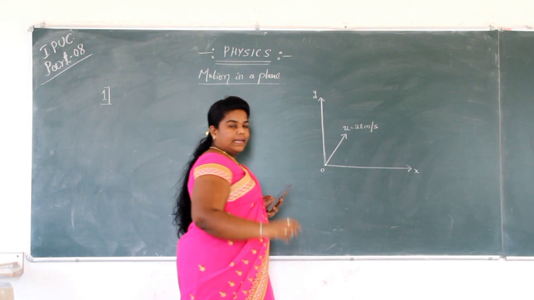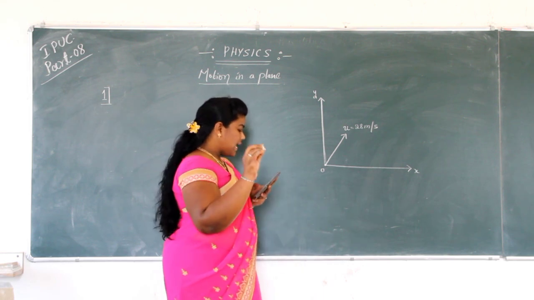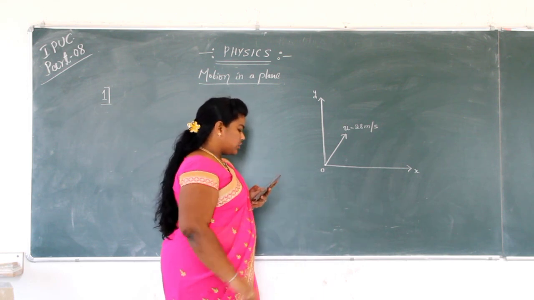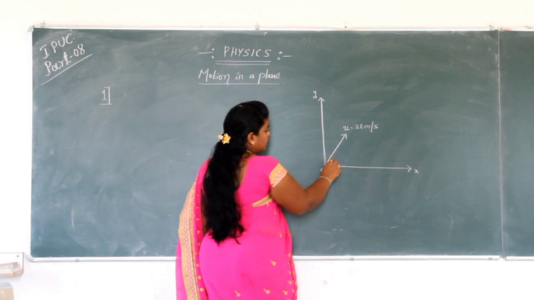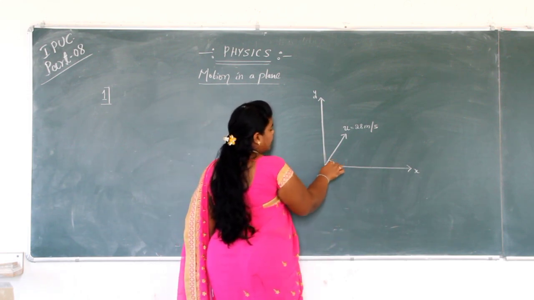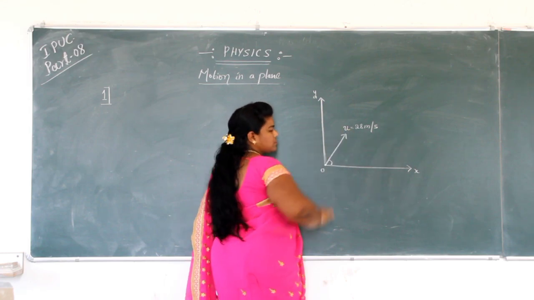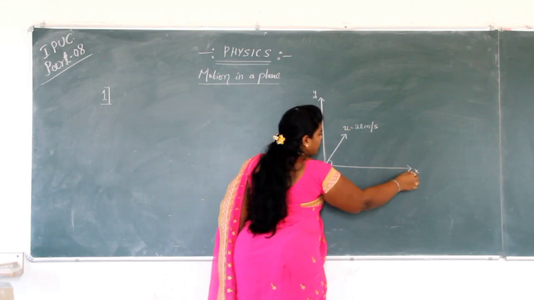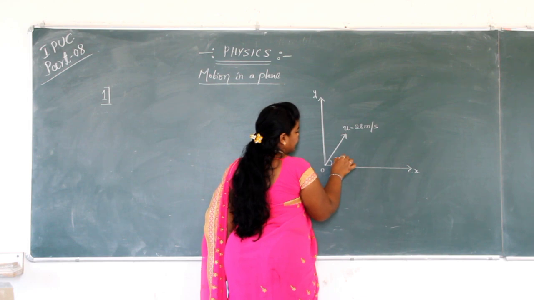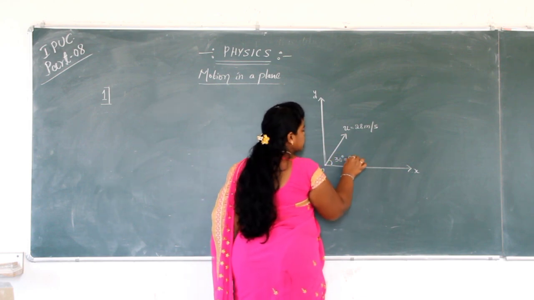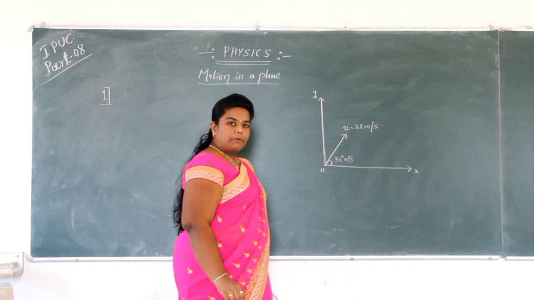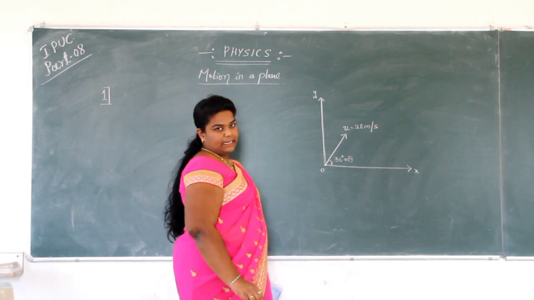Then what is the angle? In the direction 30 degrees with the horizontal. The angle between the direction of the projected object and the horizontal is 30 degrees. This 30 degrees is called the angle of projection, written as theta.